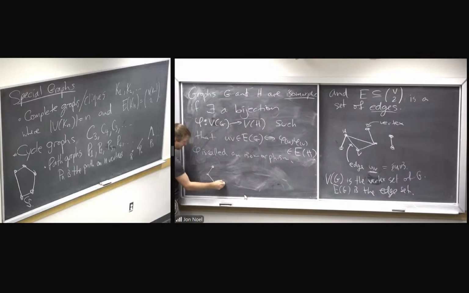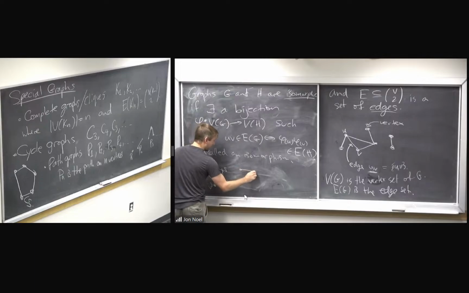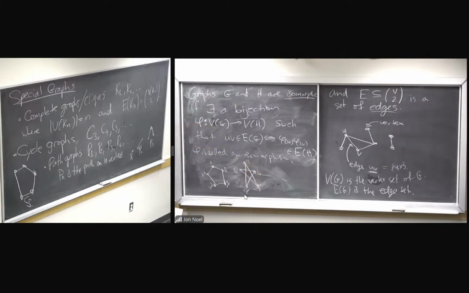And basically, we think of 2 isomorphic graphs as being basically the same graph, right? So if I take this 5 cycle labeled 1, 2, 3, 4, 5, and this star thing, formally they're different graphs. They even have different vertex sets.